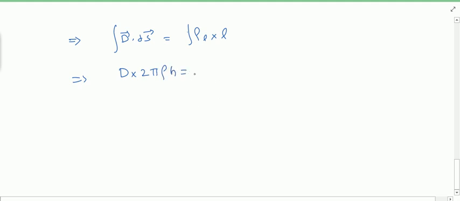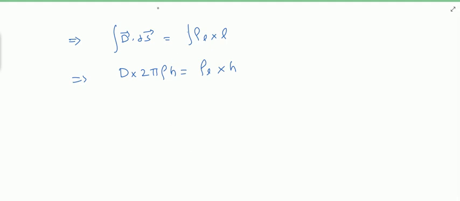So I can write it like this: the integral of D dot dS over this curved surface equals the charge enclosed, which will be rho l into L. So D times dS. What is the curved surface area of a cylinder? It will be 2 pi rho h. If I consider the Gaussian surface of height h, the charge will be rho l into h.